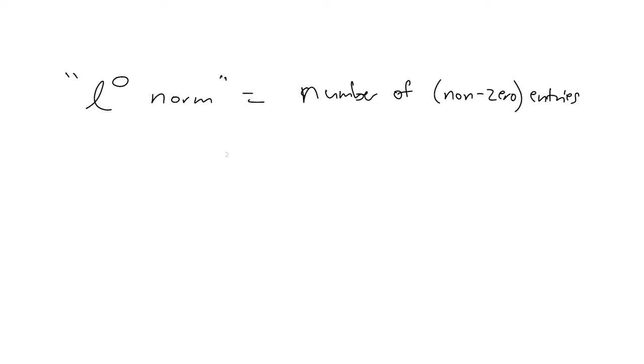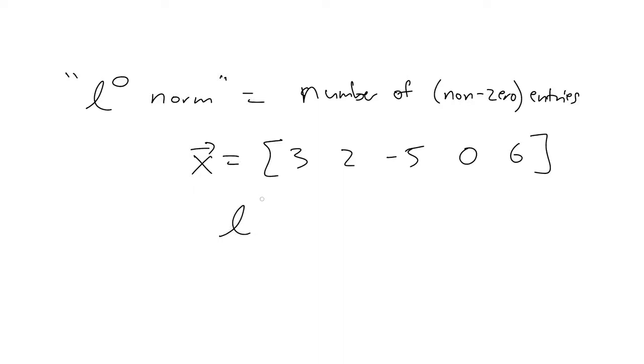So that's a little bit arbitrary perhaps, but that's in fact how we're going to define it. If we say x here is the vector 3, 2, -5, 0, 6, we're going to say that its L0 norm, or we could write it with a 0 subscript, is going to be 4. Because there are 4 non-zero entries.